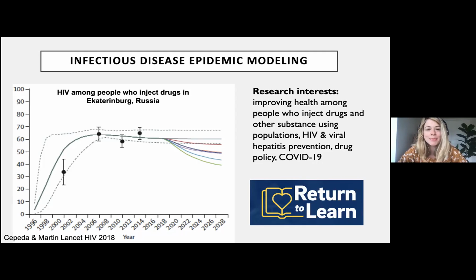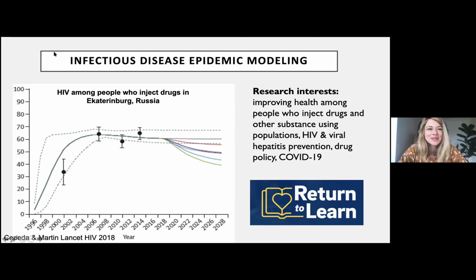The economic piece is really what is the best value for money in terms of how we allocate our resources across multiple different prevention interventions. The aim is to inform policymakers and decision makers in terms of how they should approach and how they might most effectively and efficiently prevent disease and the long-term health consequences associated with it.